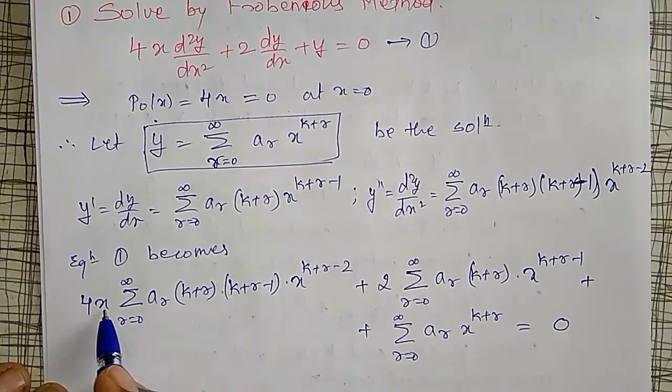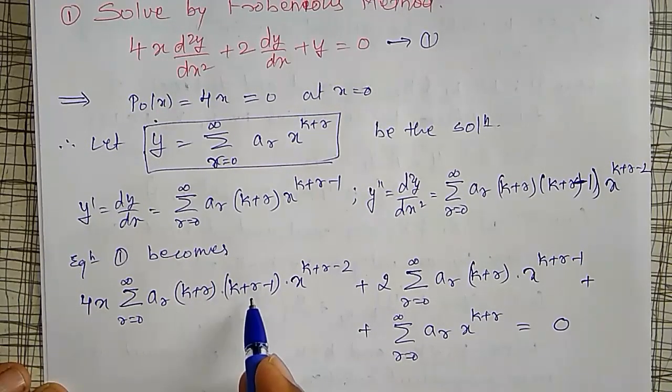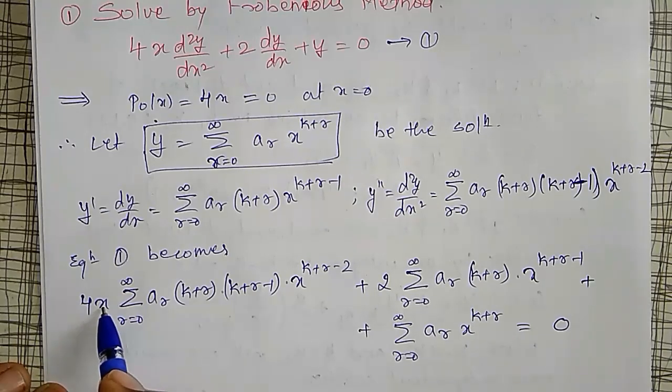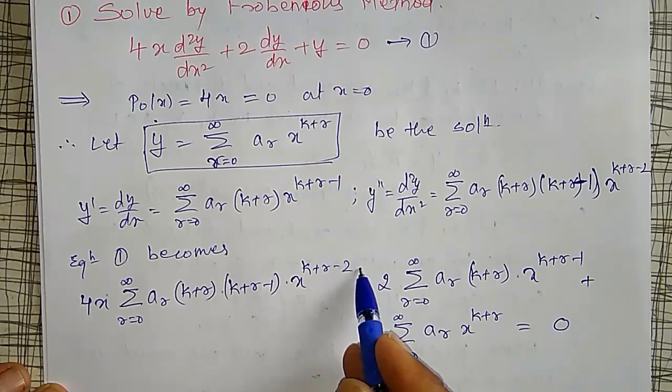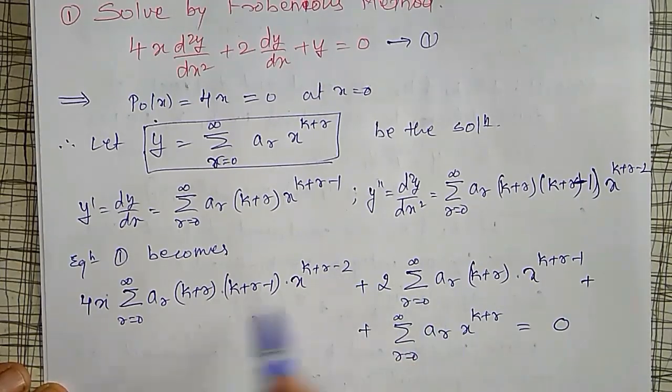Then what I will do, this x I will multiply inside. If I multiply x inside, x to the power k plus r minus 2 plus 1 will come, and combine these two terms.